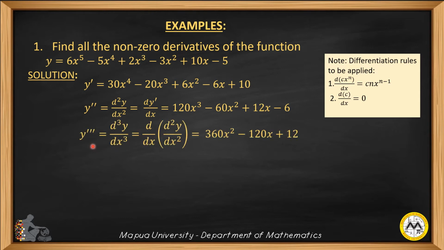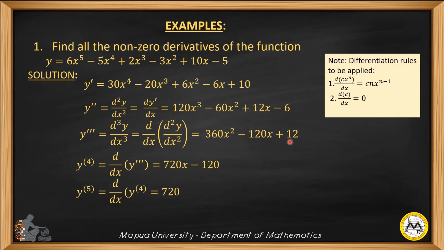The third derivative is obtained by differentiating the second order derivative of y with respect to x, obtaining 360x squared minus 120x plus 12. And the fourth derivative will just be equal to 720x minus 120, obtained by differentiating this expression with respect to x.